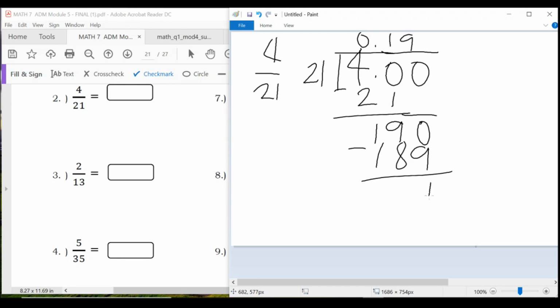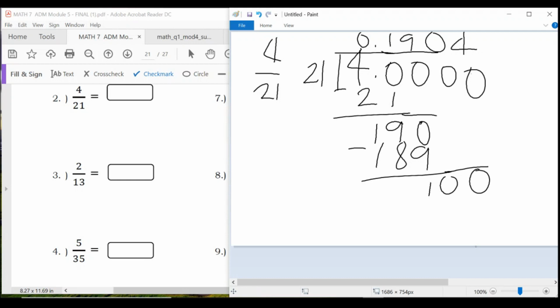So we add another 0 here, so 10. So 10 is less than 21. So the answer here is 0. Then we add another 0 here to make this 100. So 100 divided by 21, that is 4.